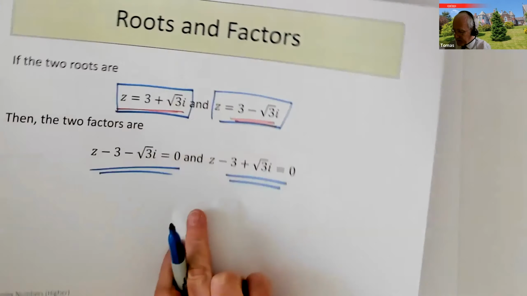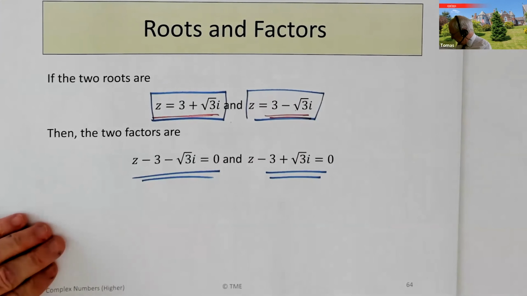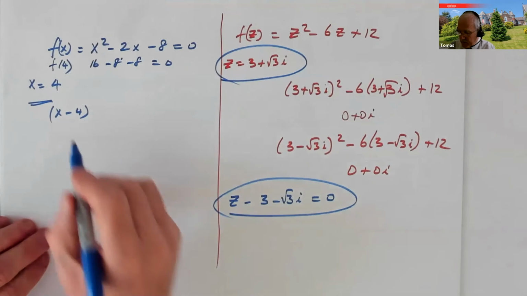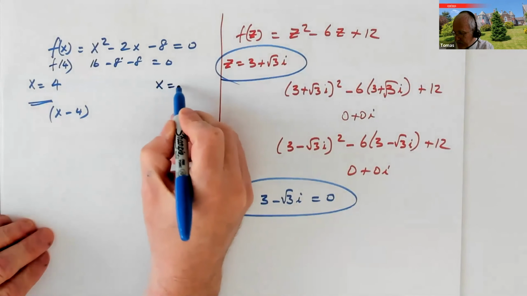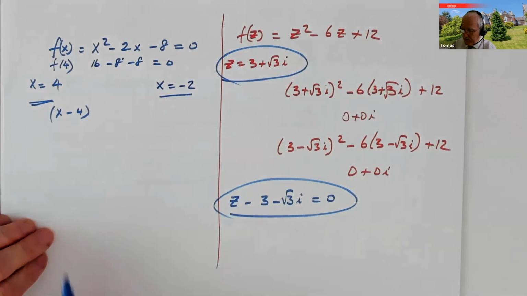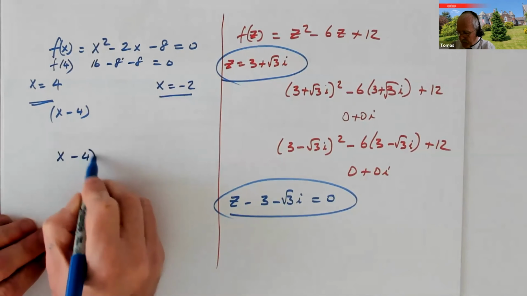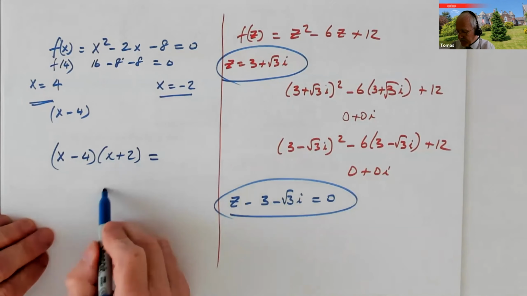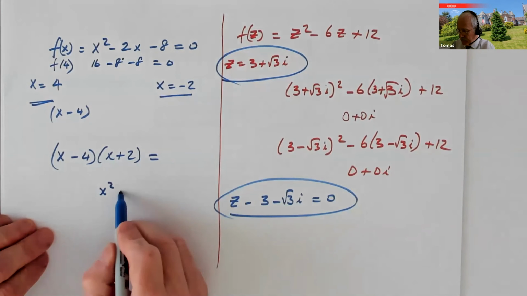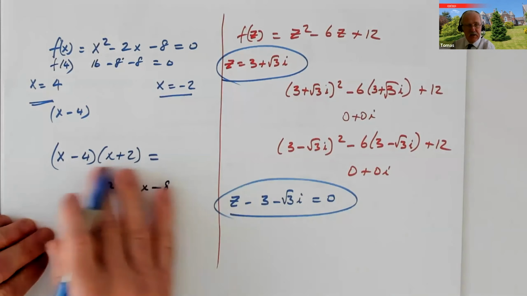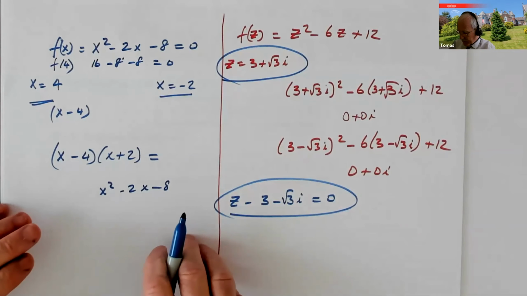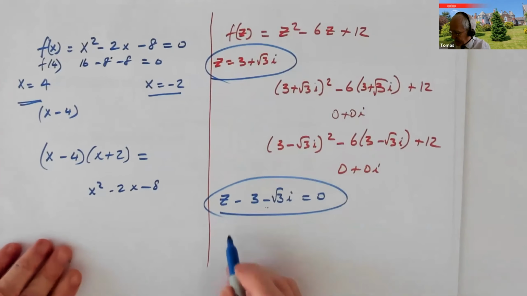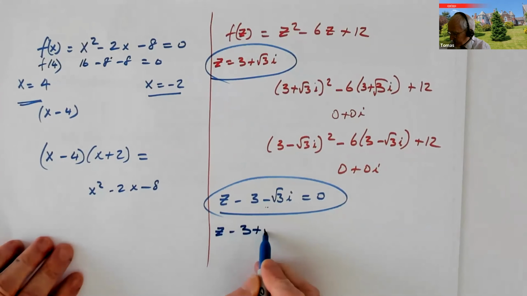So if those two are factors, remember back in the land of real numbers, I think the other factor was x equals minus 2 or something. Then we would say x minus 4 by x plus 2 were the two factors. We can multiply them out and get something like x squared minus 2x minus 8. What we're doing here is we're saying, if that's one factor, this must be the other factor.